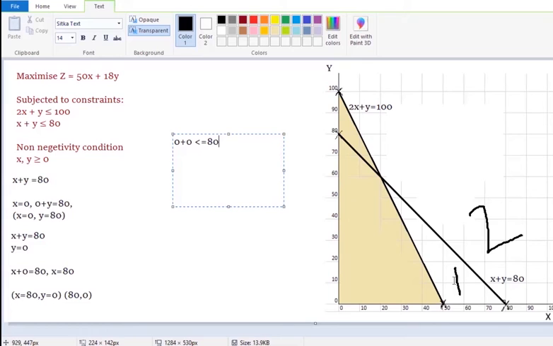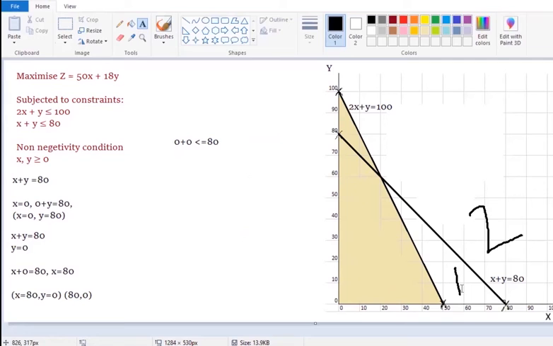So region 1 is satisfying this constraint. Region 2 will not satisfy this constraint. So I am going to paint this region.